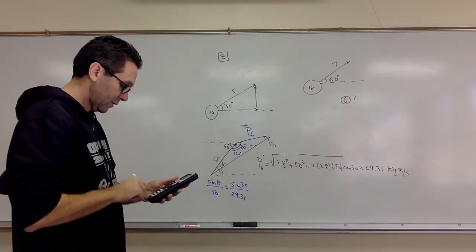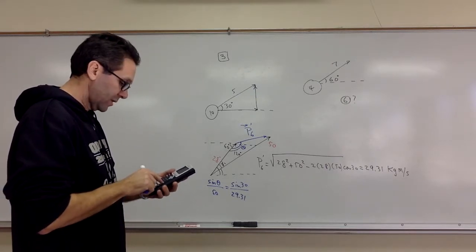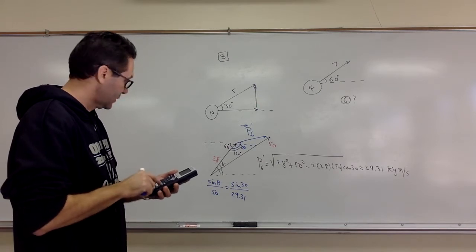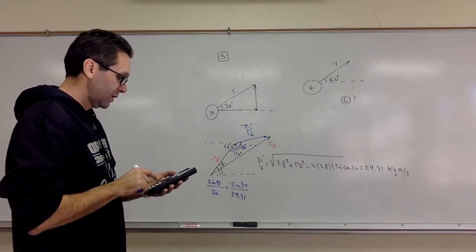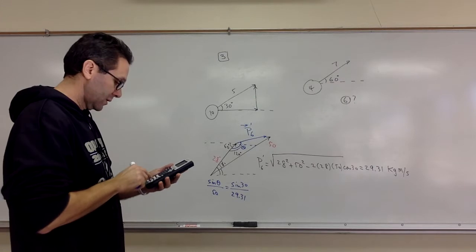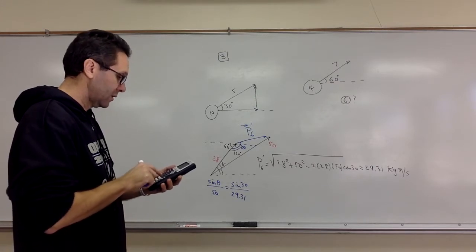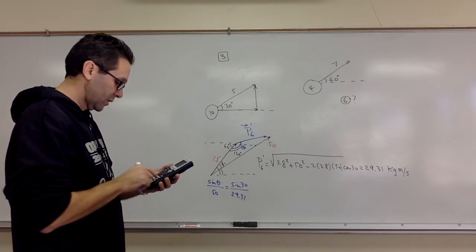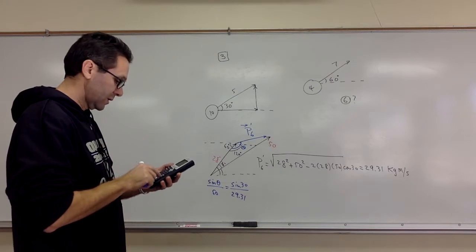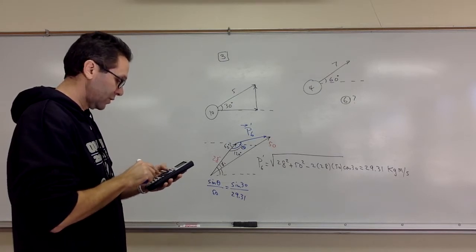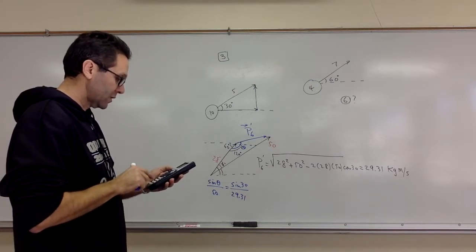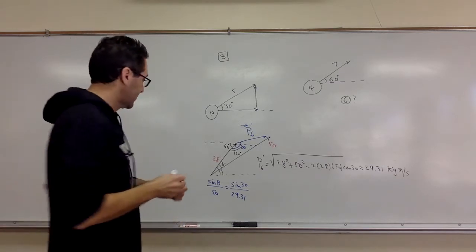So sine of 30 divided by 29.31 times 50, and we do the sine inverse, and we get 58.53.